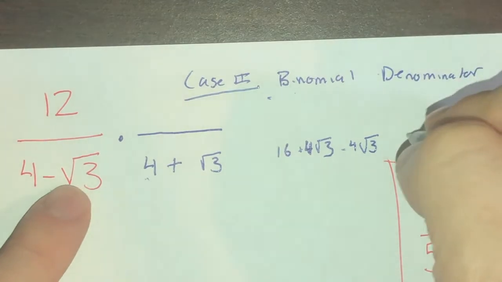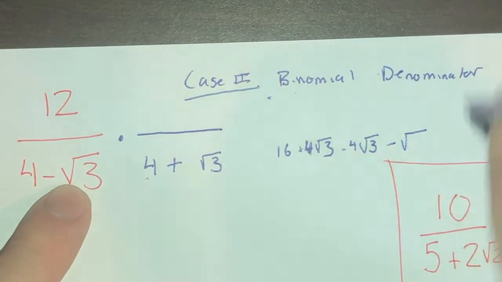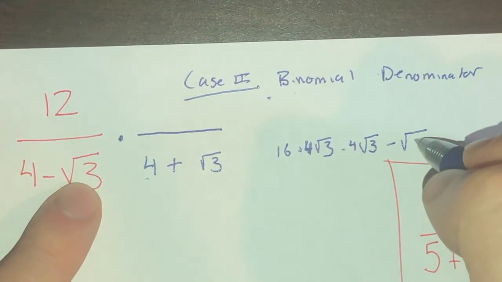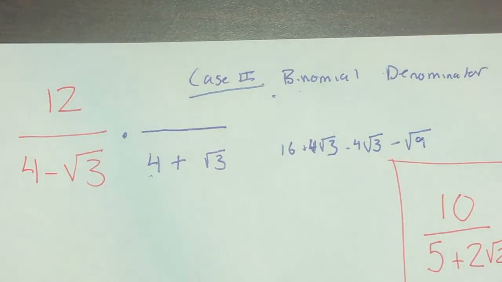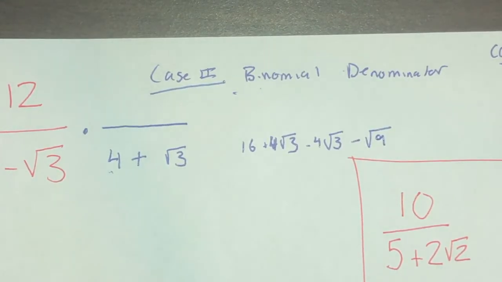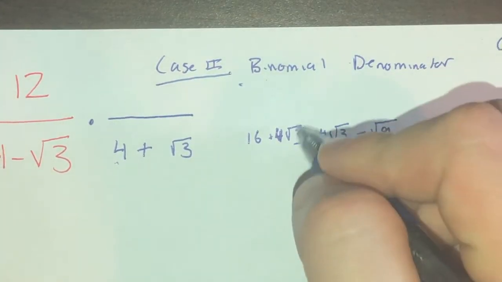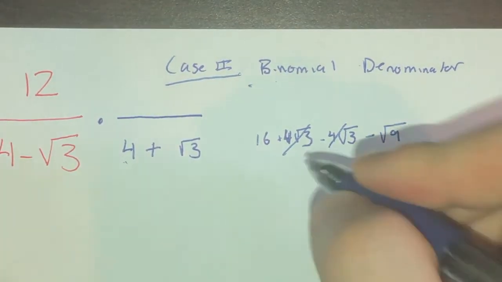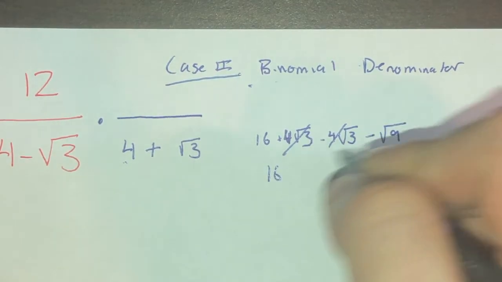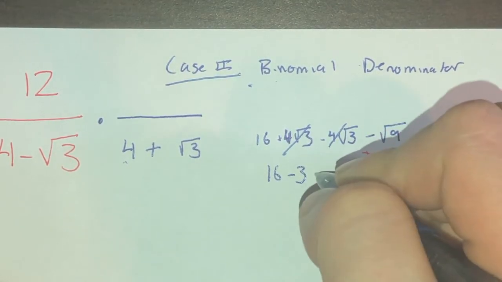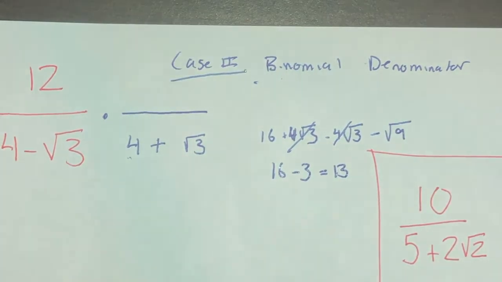Minus the square root of 9. In other words, the square root of 3 squared. Okay? So if you think about it, these cancel. So I have 16, and then the square root of 3 is 9. So all I've left is 13.